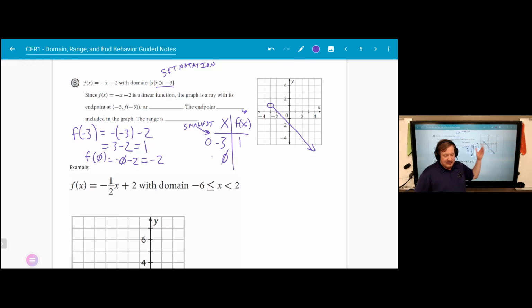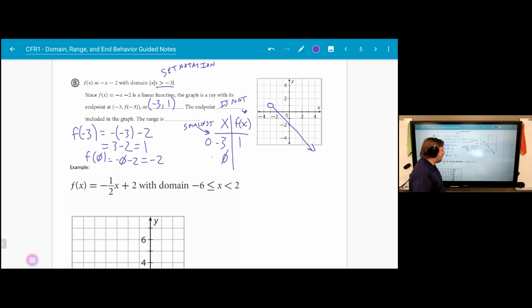So it says, since f of x equals negative x minus 2 is a linear function, looks like y equals mx plus b, the graph is a ray with its endpoint at negative 3, comma f of negative 3. Well, we said the f of negative 3 is 1, so this would be negative 3, 1. So the endpoint is not included in the graph because it's just greater than, is not included in the graph.